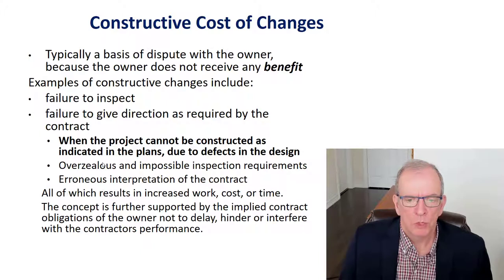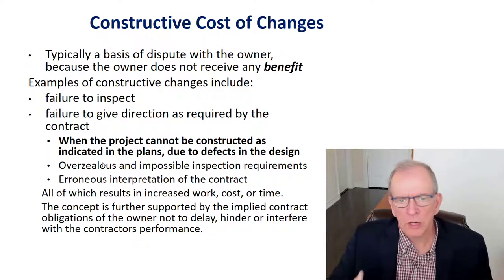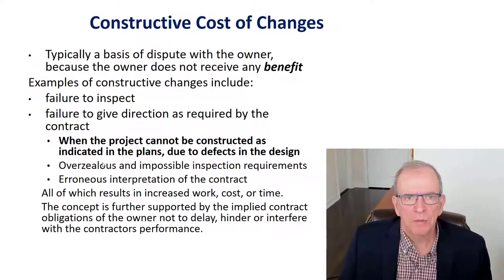And so because of all this extra work, the contractor has implicated some claims and is seeking some change orders signed off. Or there was an erroneous interpretation of the contract information.